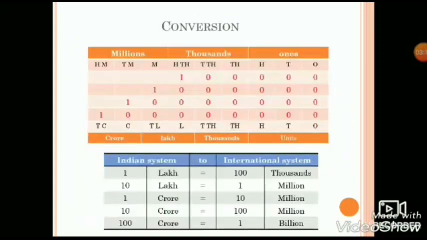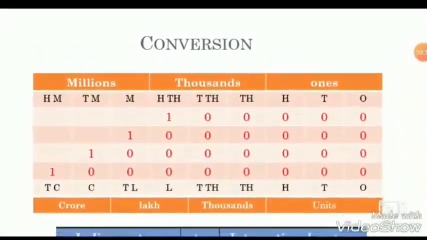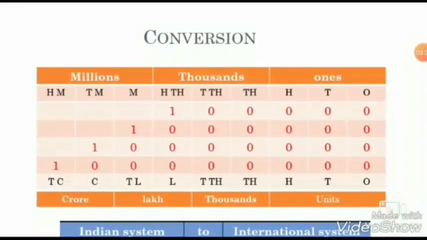Next, a few more conversions are there, and here within one table we have expressed both the systems of numeration. In the top side, in the first row, we have written the international system of numeration, and in the bottom side we have written the Indian system of numeration.